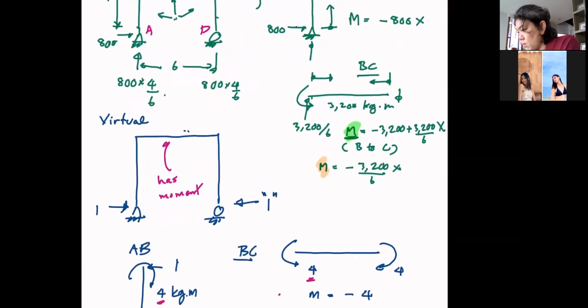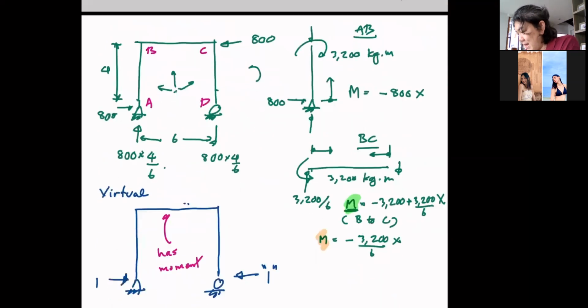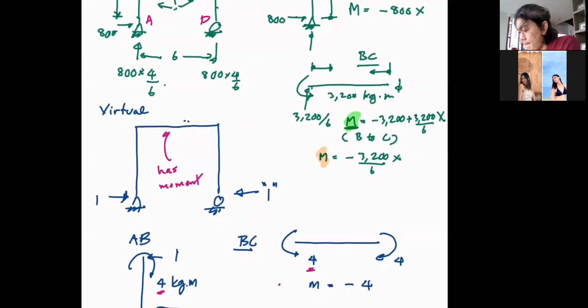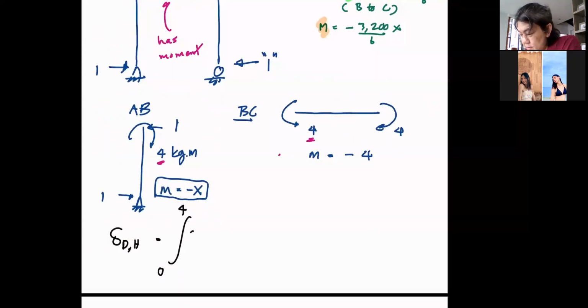The actual moment is, which one? Yeah, minus 800x. And the second is the virtual moment of minus x, dx over EI.